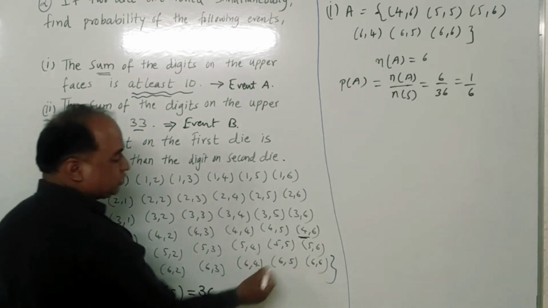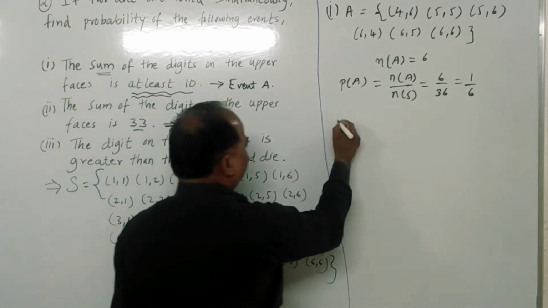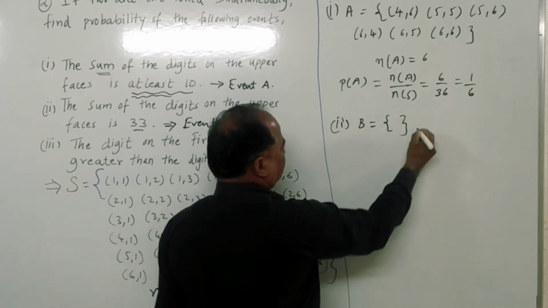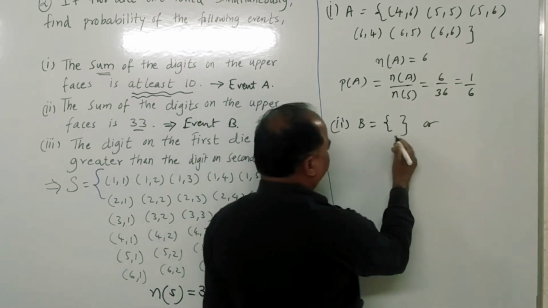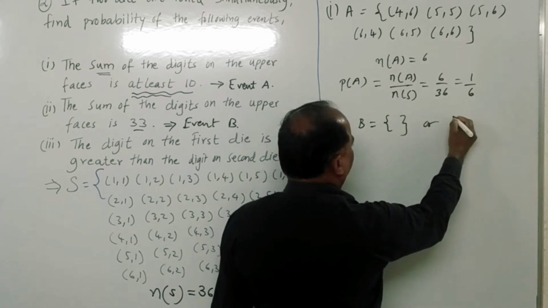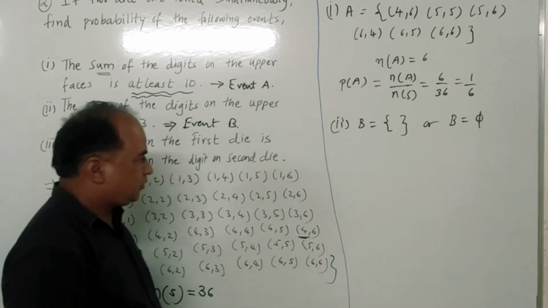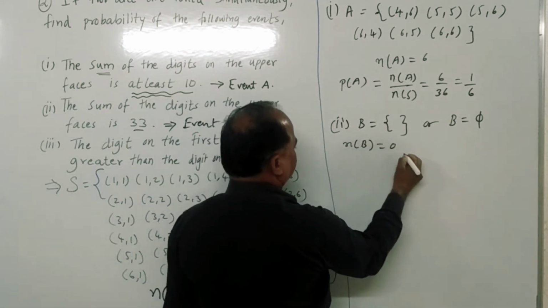Maximum it is 6 plus 6, 12. So here we will not get any sample point. So event B is empty. You can represent the empty set in this manner with brackets, or you can write the empty set with this symbol.